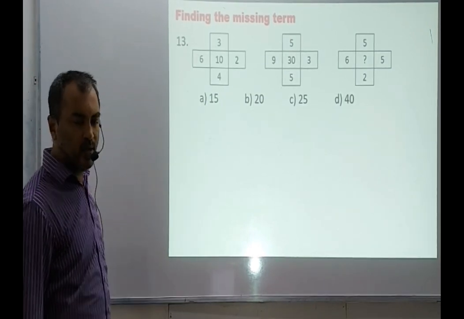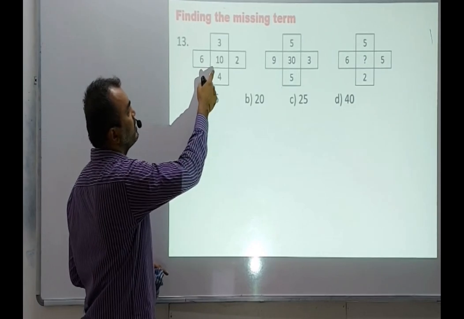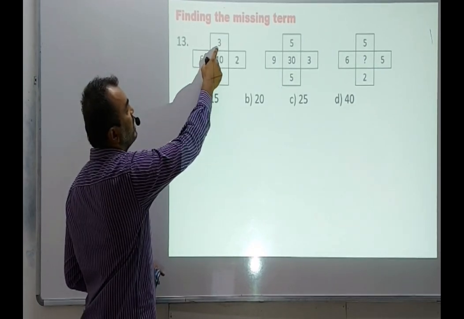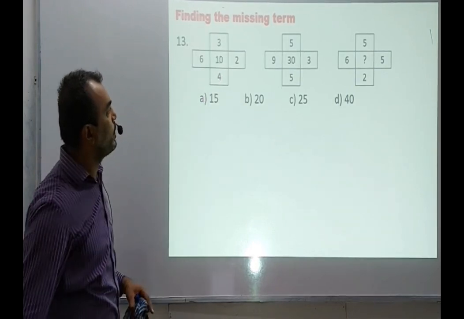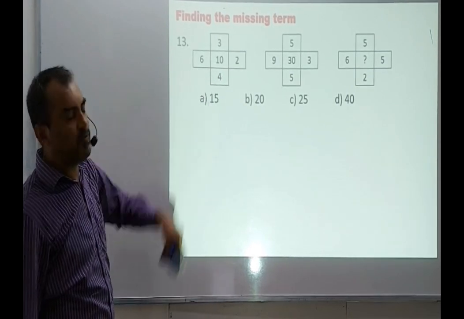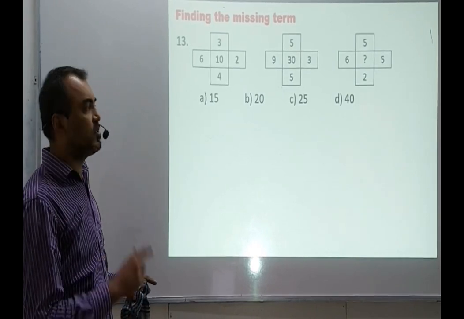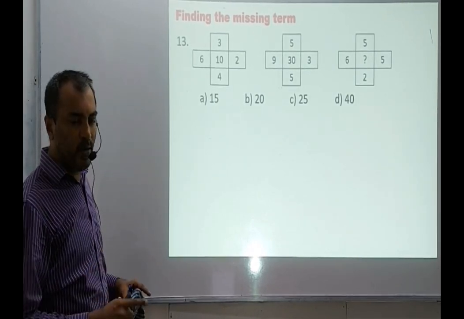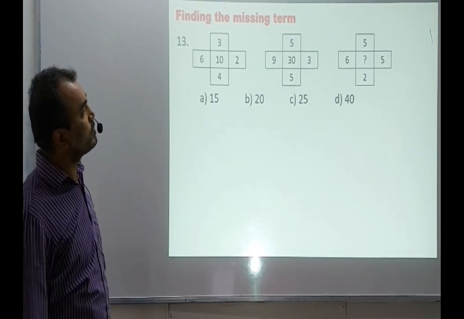So we can think a little logically that since the numbers inside are smaller, when I see 6 plus 3 is 9, 9 plus 2 is 11, 11 plus 4 is 15, and this number is smaller than 15. So there must be some logic of subtraction this time. We have added, we have multiplied, but this time subtraction should be there.